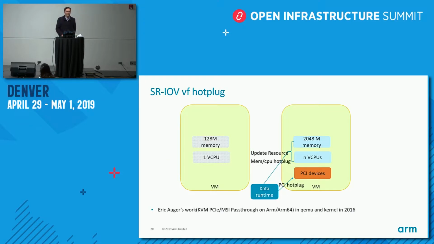SR-IOV enables splitting a physical device into virtual functions. Virtual functions enable direct pass-through to virtual machines or containers. For Kata Containers, we enable a container network model plugin. That is, we can pass through the virtual functions of a network interface card into the container.